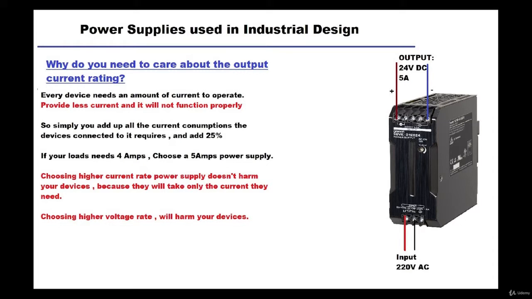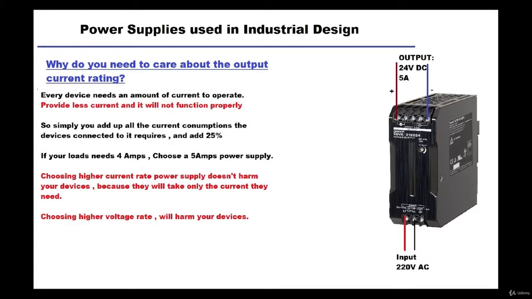You can choose a power supply with a higher current rating than you need. It's not okay to choose a higher voltage rating than you need, but it's okay for the current, because the device that you are connecting this power supply to is going to take only the current it needs to operate, and it will not consume higher current values.